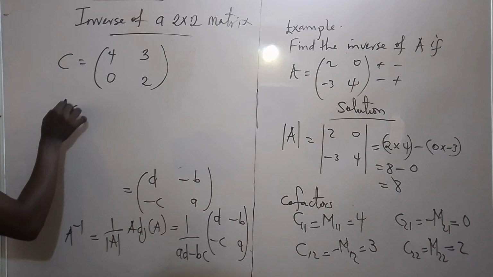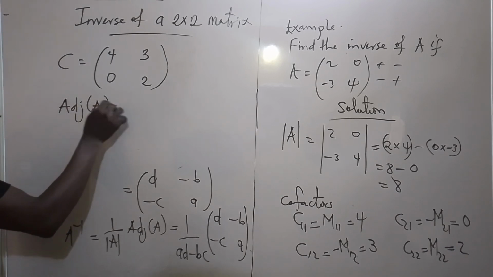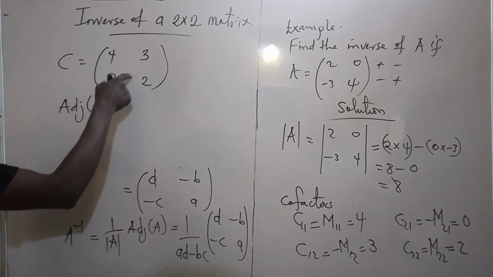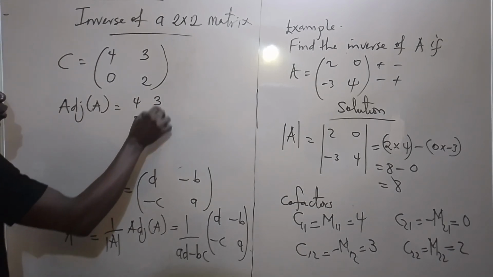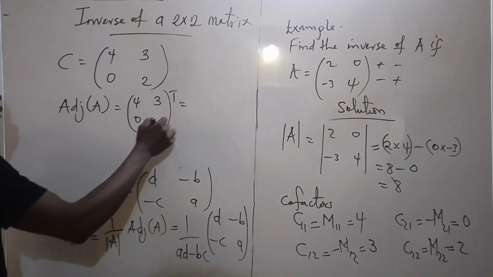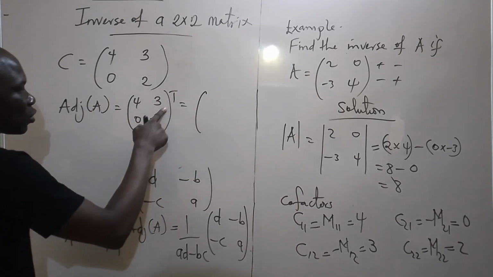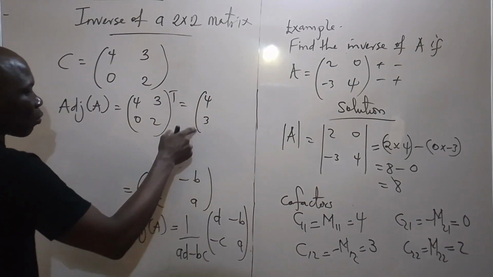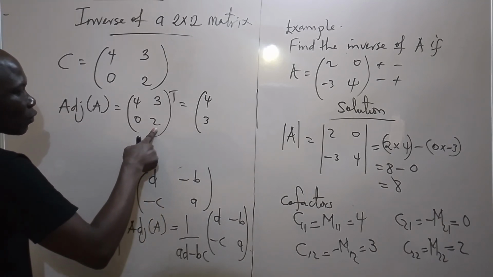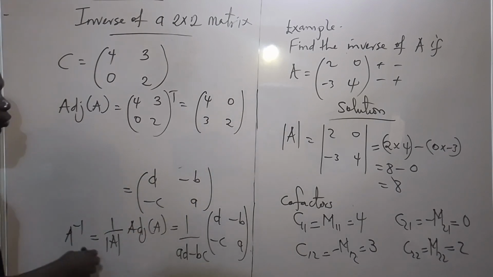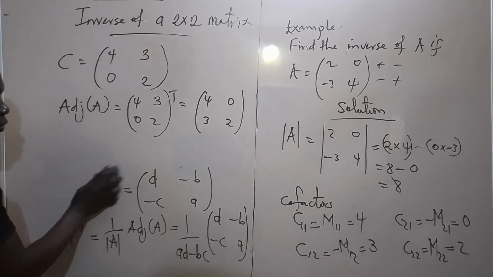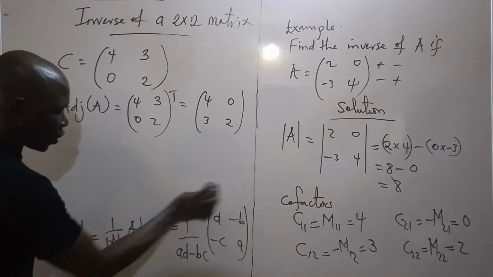Then the next thing is the adjoint of matrix A. The adjoint of matrix A is the transpose of the cofactors. So 4, 3, 0, 2 transpose. When we transpose this, row 1, 4, 3, becomes column 1, and row 2, 0, 2, becomes column 2. All right, so we have the adjoint.